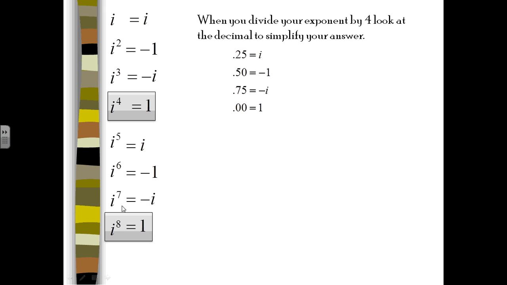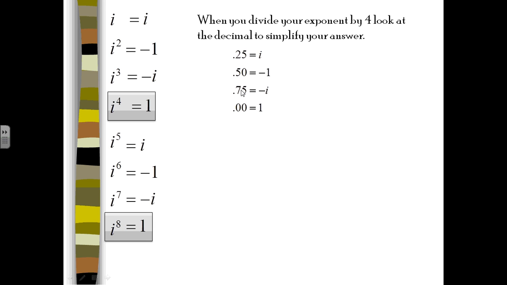Well, if you think about it, 0.25, that's this scenario right here, and you're going to get i. If you get 0.5, that's this scenario where you get negative 1. If you get 0.75, that's this scenario where you get negative i. And if you get 0.00, that means it was a perfect multiple of 4, and you just get 1.